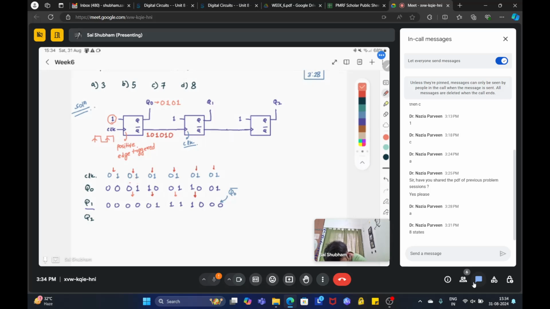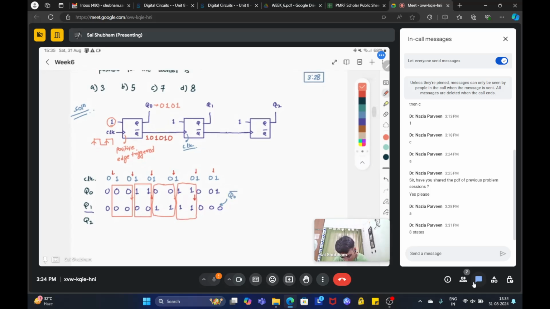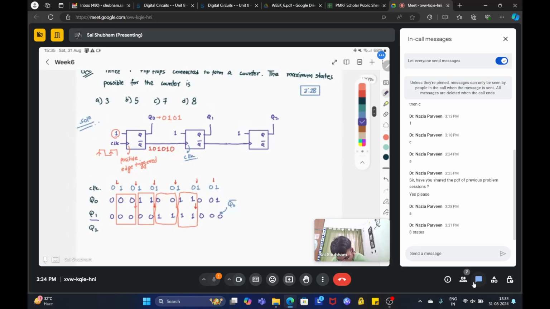So you can see the counter. This is 0, 0. This is 0, 1. This is 1, 0. This is 1, 1. So this is how using T flip flop you have a counter.